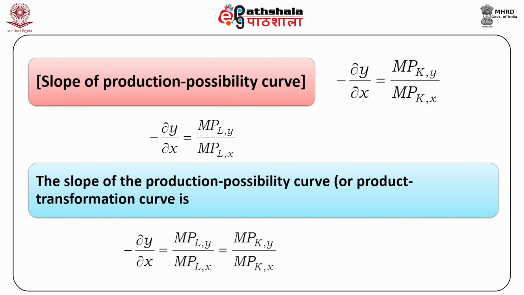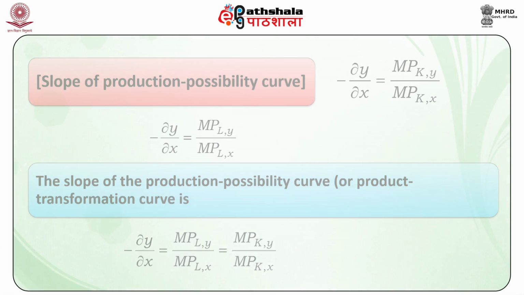The slope of the production possibility curve, which is the product transformation curve, can therefore be simplified as minus of del y upon del x, which is equal to the marginal product of labor in production of y divided by the marginal product of labor in production of x, which is exactly equal to the marginal product of capital in production of y divided by the marginal product of capital in production of x.